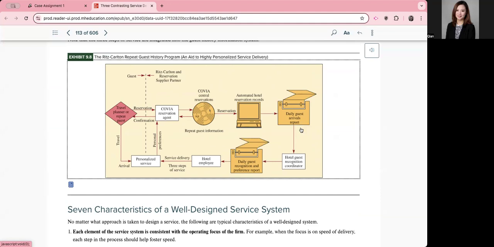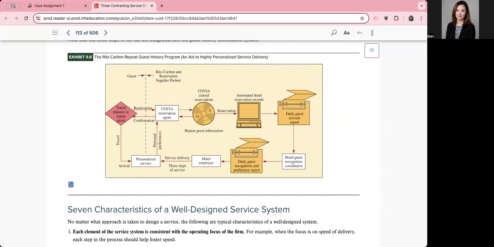For this case assignment, if you download the PowerPoint slides, you will find that we only use a few symbols to represent the general activities.